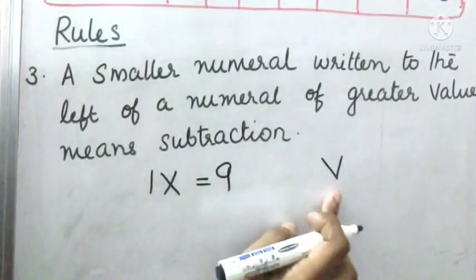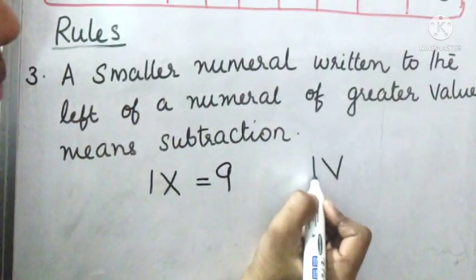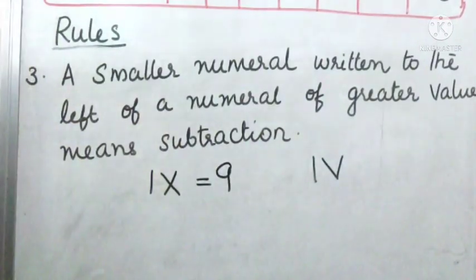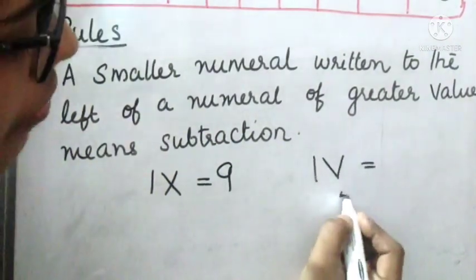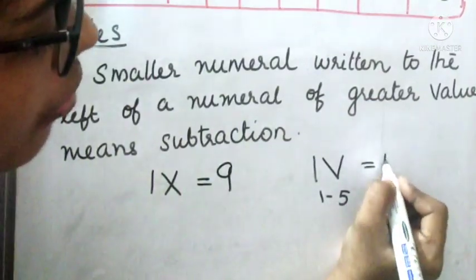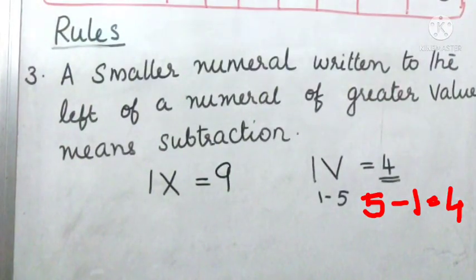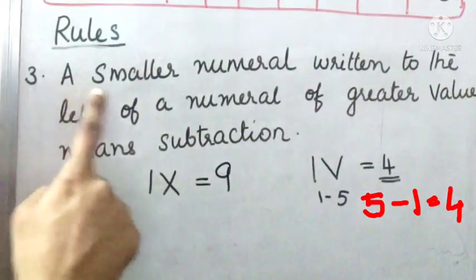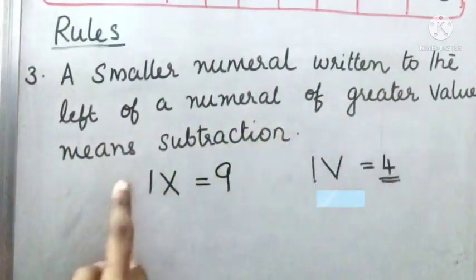Another numeral, 5. When we write I to the left of V, V means 5, I is 1, 5 minus 1 equal to 4. A smaller numeral written to the left means it is subtracted.